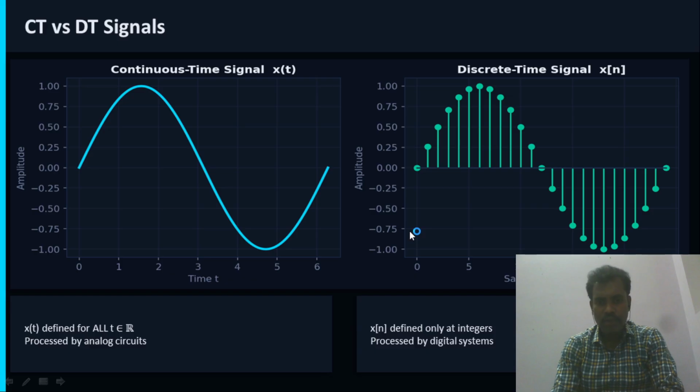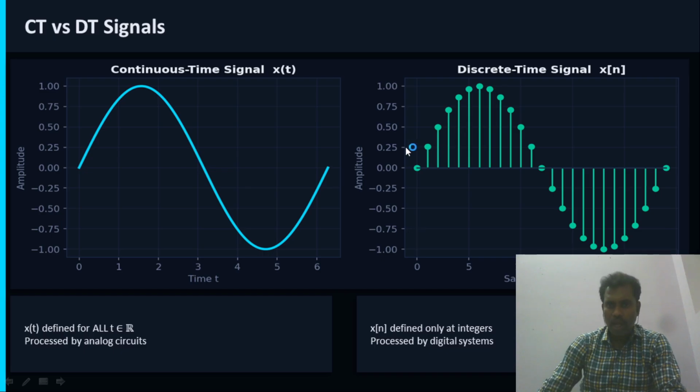But whereas if you go to digital, the amplitude is also discrete, because these amplitudes are stored in a digital system. If the amplitudes are infinite in number, what is the range of these amplitudes? We can't say if it is continuous. We can't predict how many values may be there.